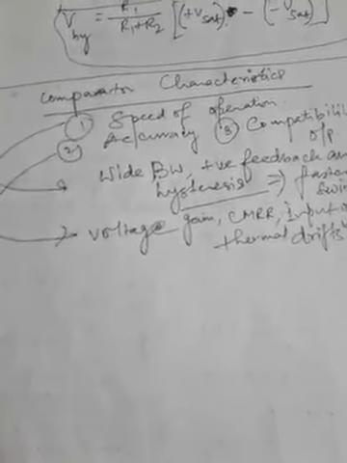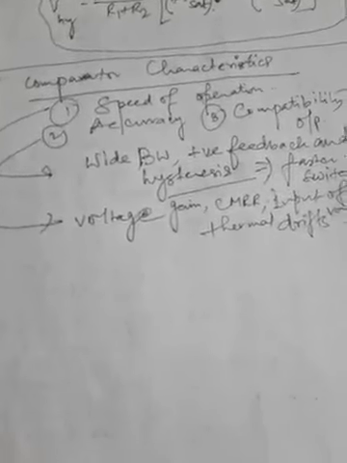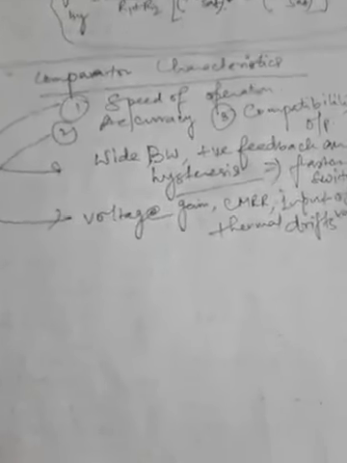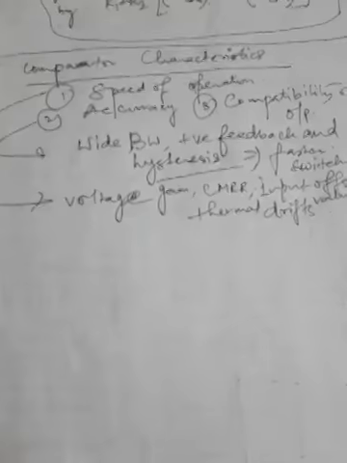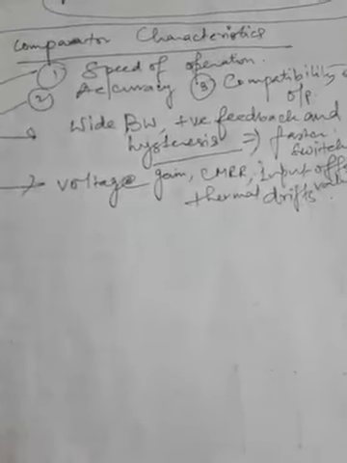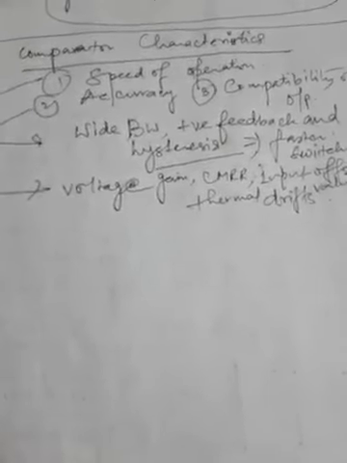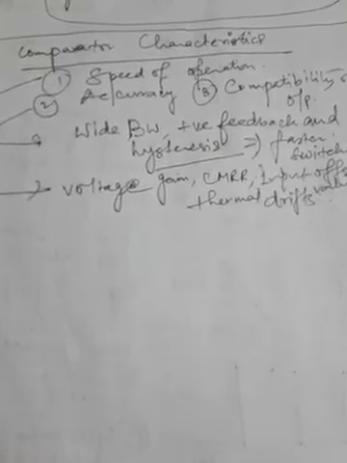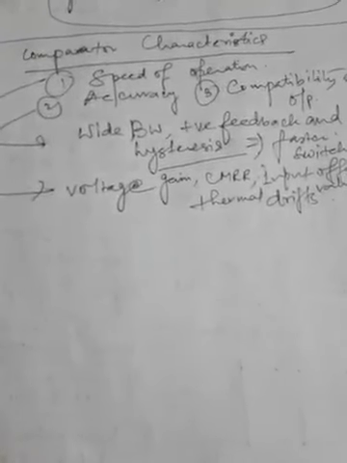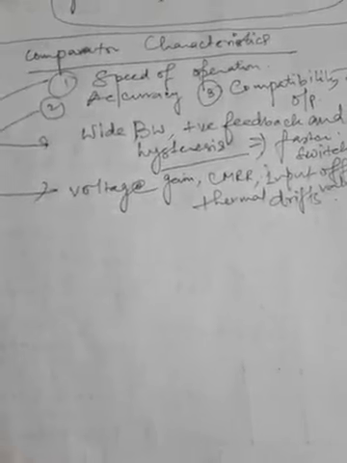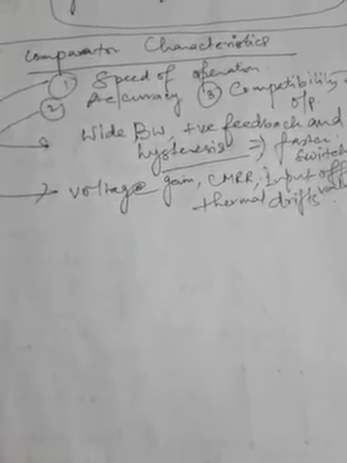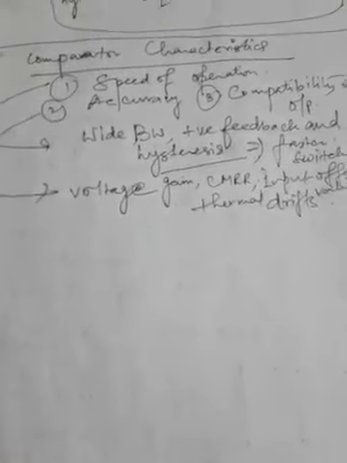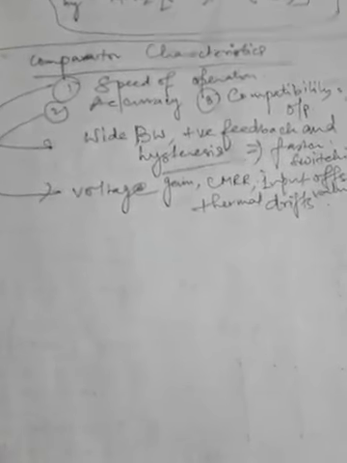And since the comparator is a form of analog to digital converter, its output must swing between two logic levels, because in digital circuits we know two stable logic levels are important to work. The output must swing between those two standard levels, so that it will be suitable for certain logic families such as TTL logic.